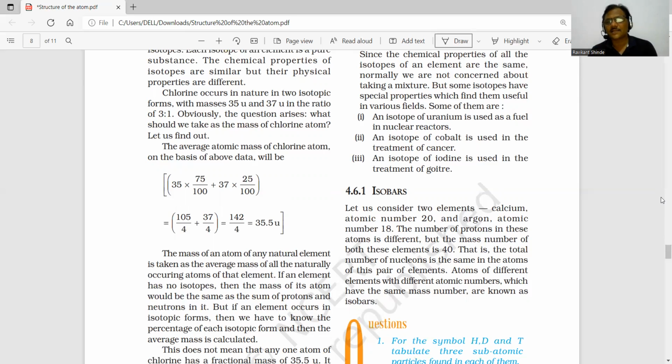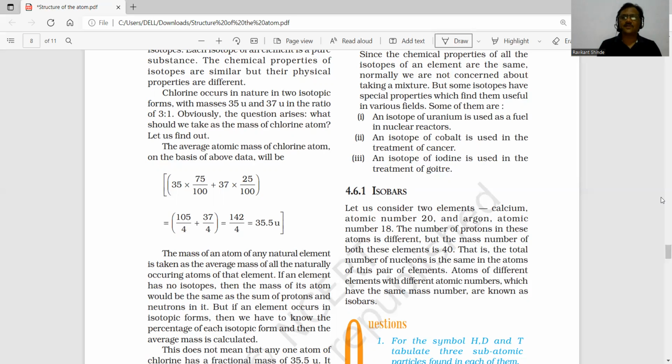It's 40 again, and the atomic number is 19. If you talk about calcium, what is its atomic number? 20. Atomic mass? 40. So argon, potassium, and calcium are the isobars.